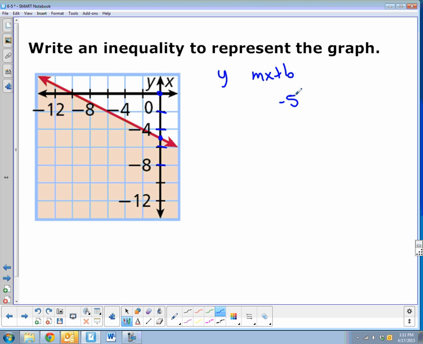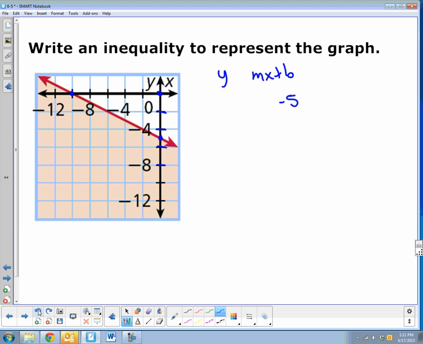On any test or quiz, or even an assignment on Schoology, I'm not going to make it be like -5.1. I'm not that mean. So -5. Now I need another point that makes it easy to find the slope. I could use this one here, or that one there. It doesn't really matter. I'm going to use the x-intercept.